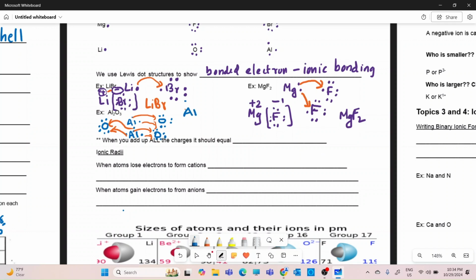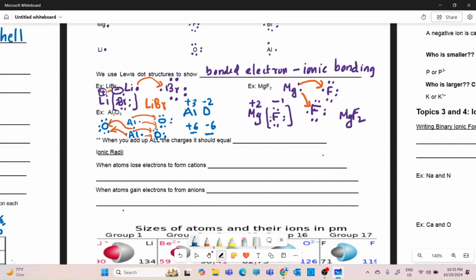1 aluminum lost 3 electrons and 1 oxygen gained 2 electrons. There are 2 aluminums, so in total they lost 6, and there are 3 oxygens, 3 times minus 2, they gained minus 6. This number should always be equal. One is donating a total of 6, one is gaining a total of 6.